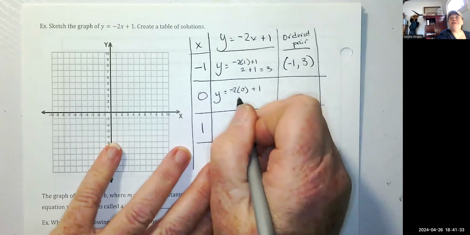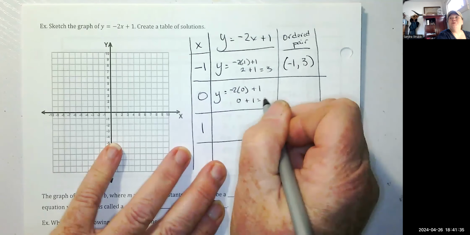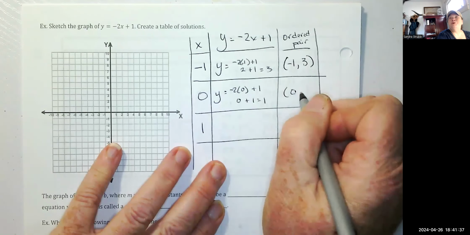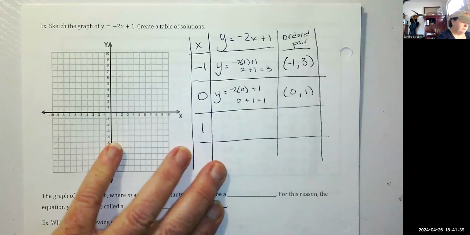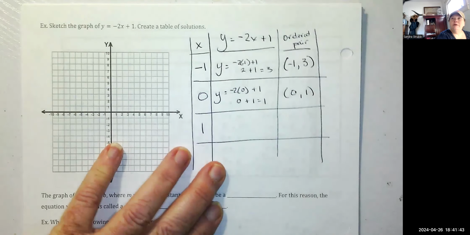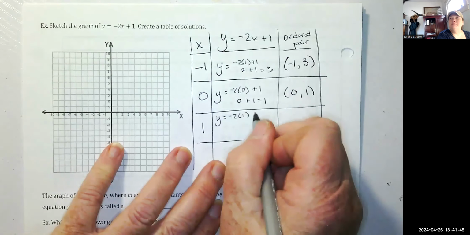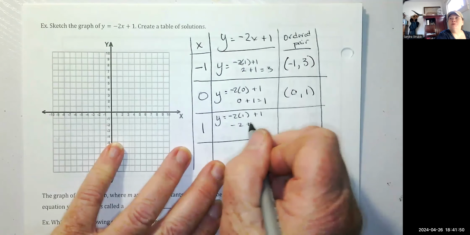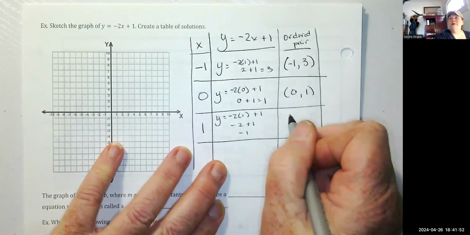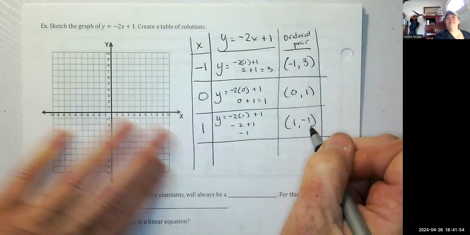Negative 2 times 0 is just 0, plus 1 is 1. So 0, 1 is our next ordered pair. All right, the last one I use is 1. That's y equals negative 2 times 1 plus 1, which is negative 2 plus 1, which is negative 1. So 1, negative 1 is my last one.